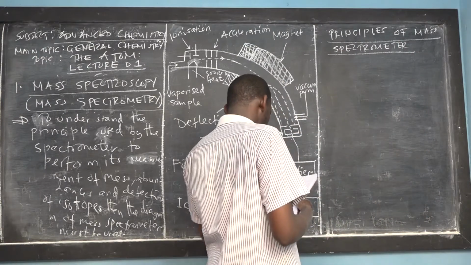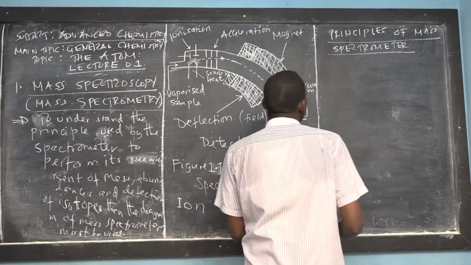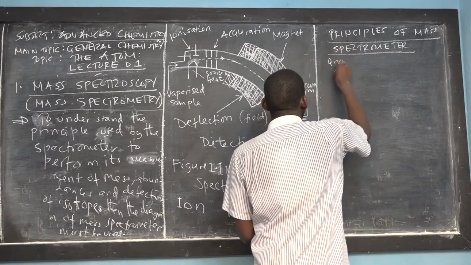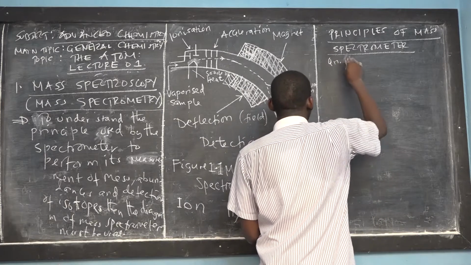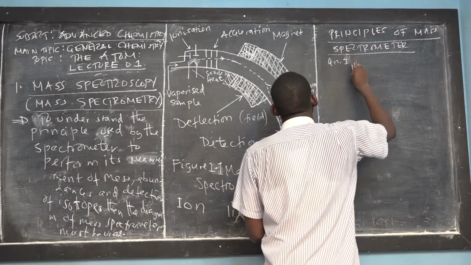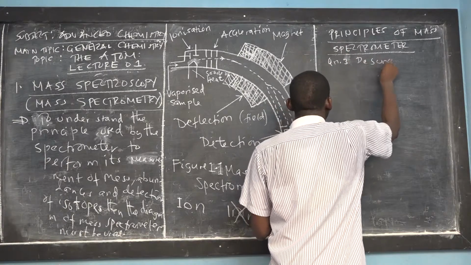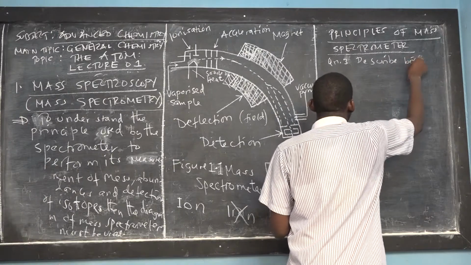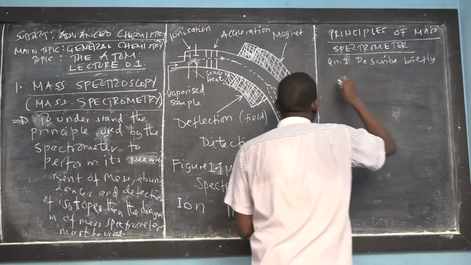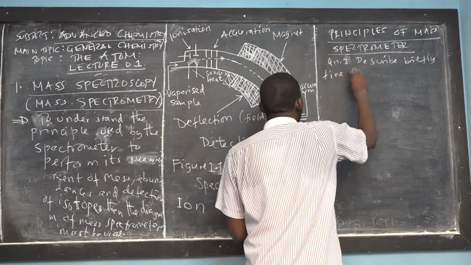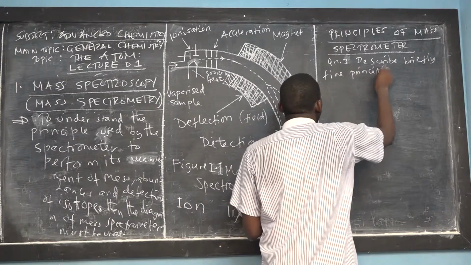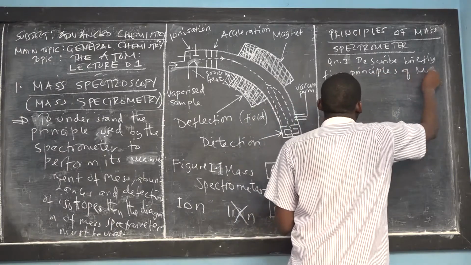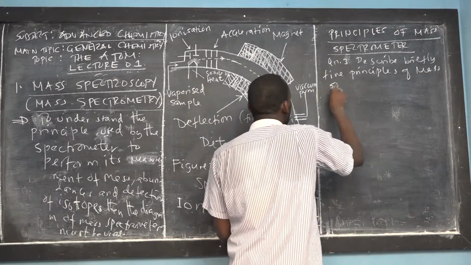We have 5 principles. So the question, maybe question 3, is: describe briefly 5 principles of mass spectrometer.